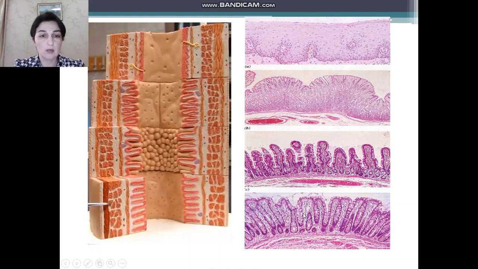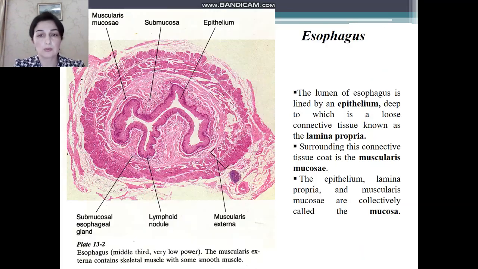Now we will focus on each of these components. First of all, the esophagus. Here we can see the cross section of the esophagus. The esophagus is a tube with a length of 25 centimeters, and it connects the pharynx with the stomach.